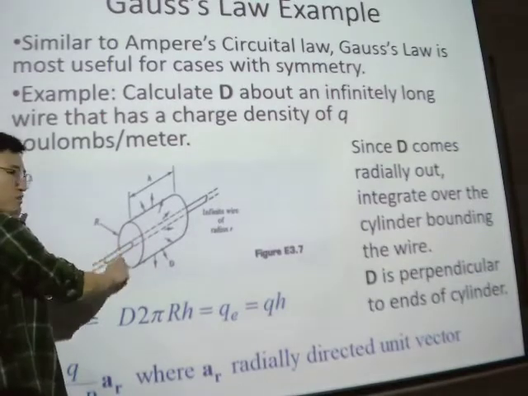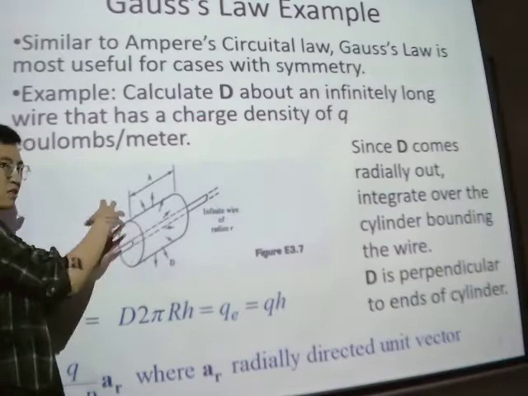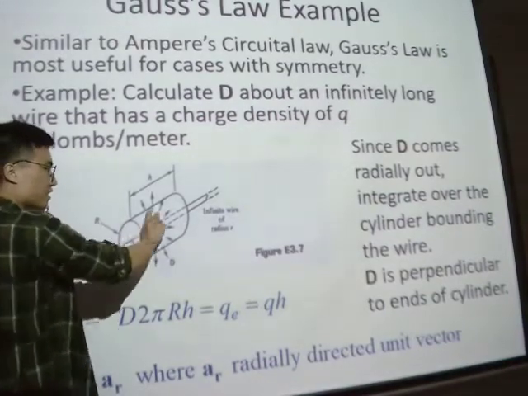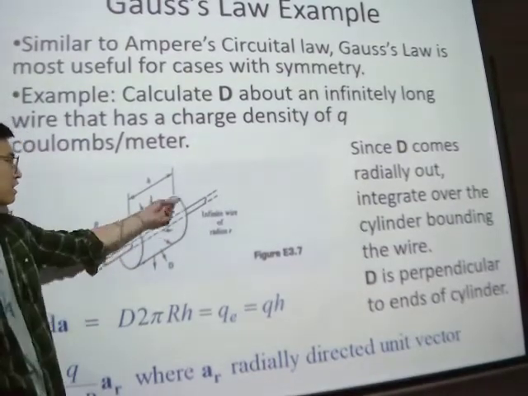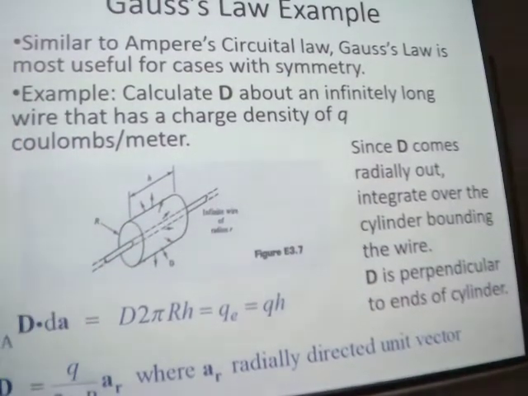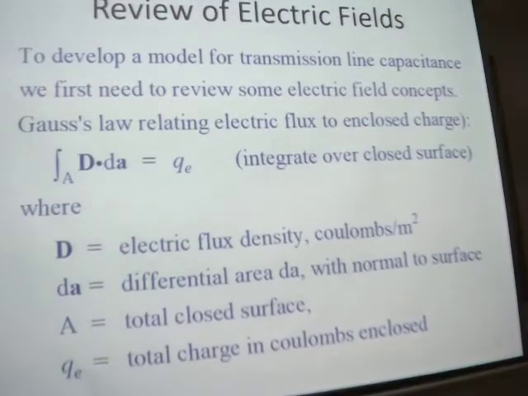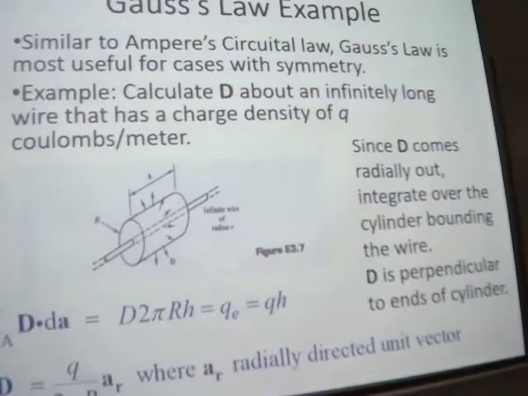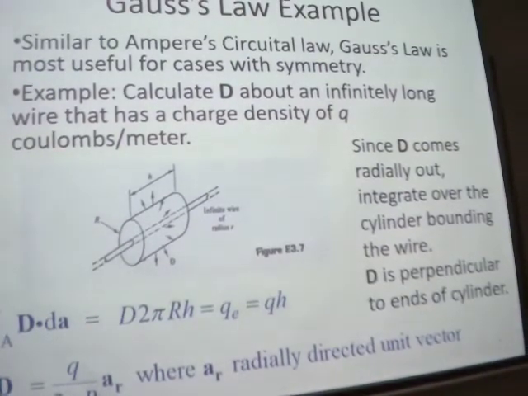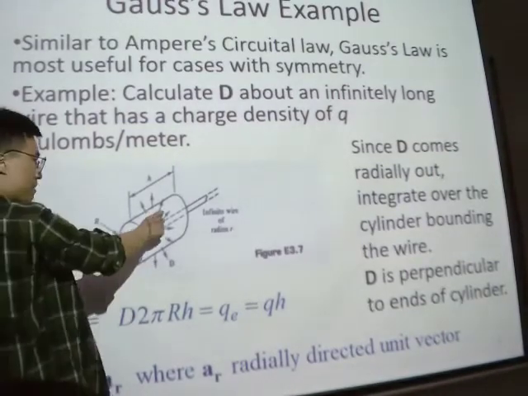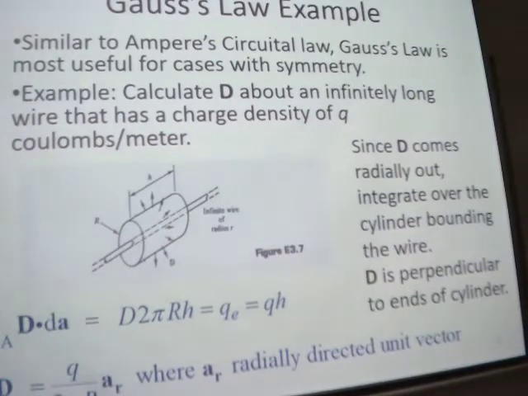We assume the cylinder is a surface enclosing the transmission line. This is the enclosed surface A, the cylinder here, and it is perpendicular to the transmission line.